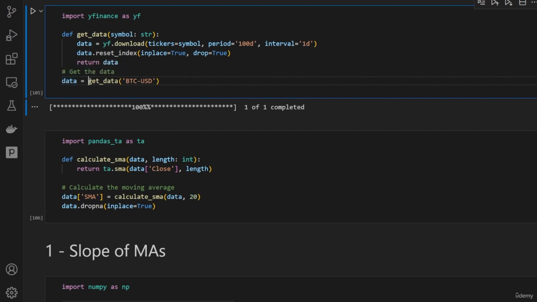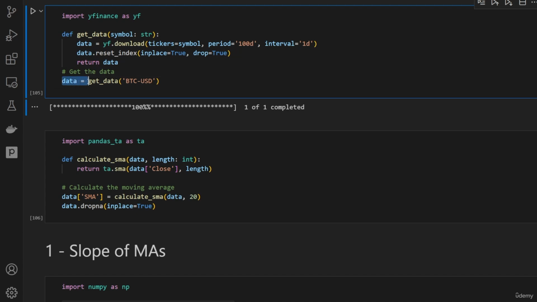So to use this function, I'm going to call getData for the Bitcoin US dollar prices. And I'm going to store whatever is returned here, the data frame, into a new variable called data. So this is a global variable, which is different from the local variable called data within the function.